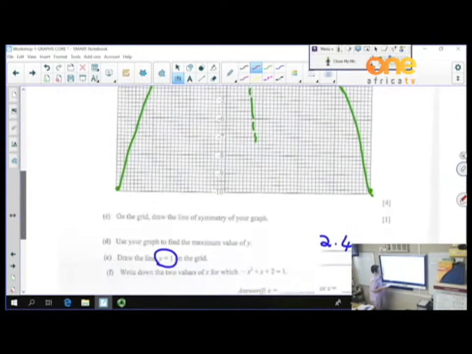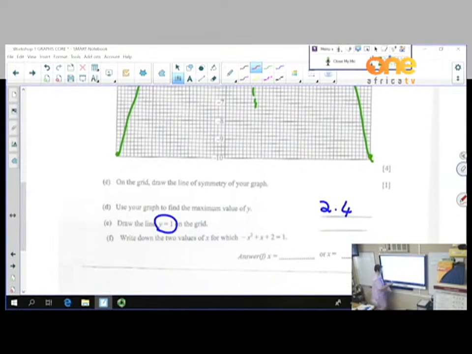Here, can you see? This is where the parabola and that line coincide, or solve simultaneously, or intersect. And my 2 solutions here are negative 0.4 and 1.5.